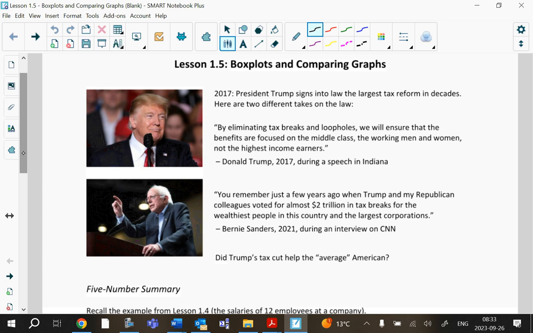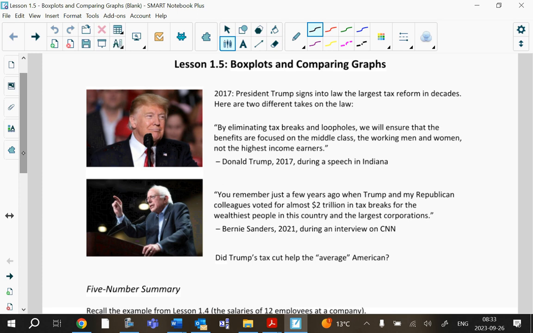So one of the big things that happened in the States when Trump was president was he got through a bill that was the largest tax reform bill in decades.